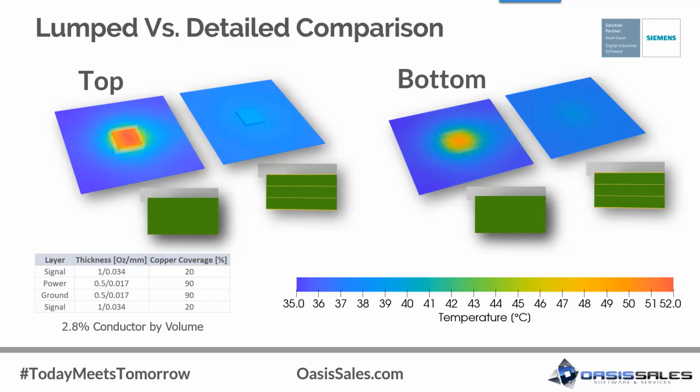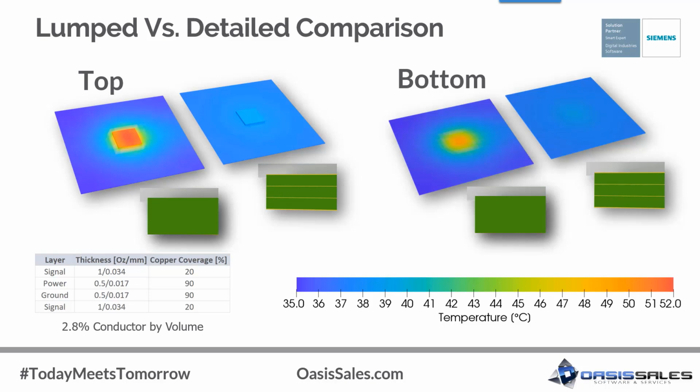If you do the math, multiplying the thickness of each layer with the copper coverage, adding those up and dividing by the PCB thickness, this PCB has a percent conductor by volume of 2.8%. Not much copper. Many PCBs today require multiple power and ground planes and can't be routed on 2 signal layers. So this represents a PCB with not very many components.